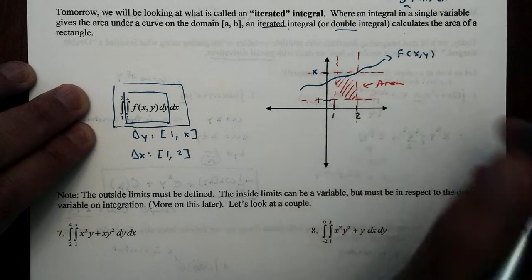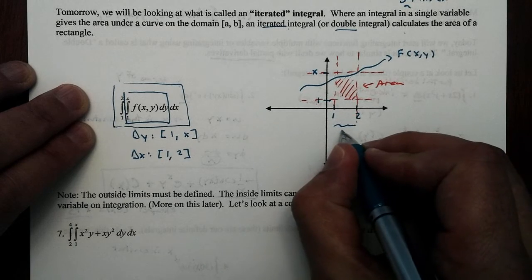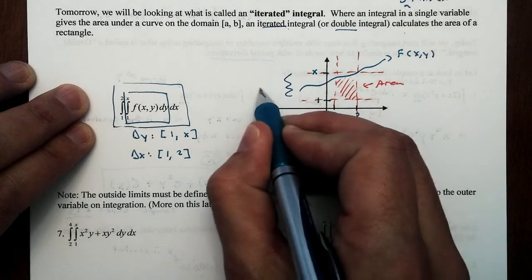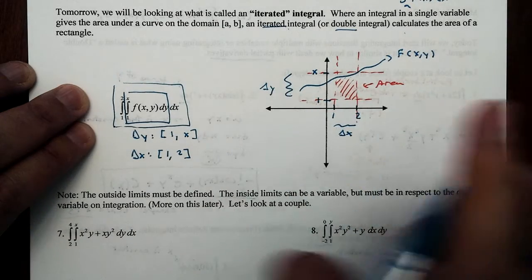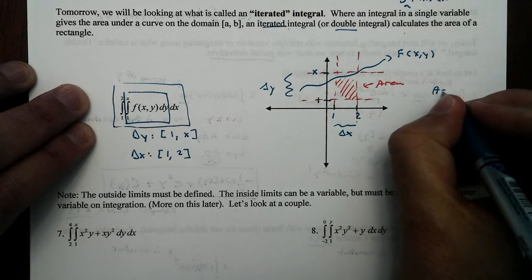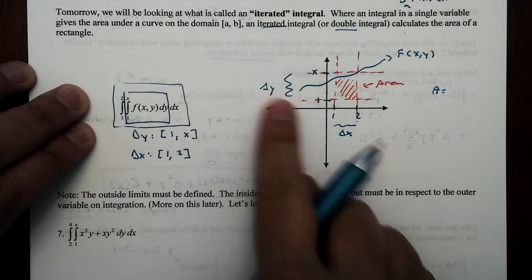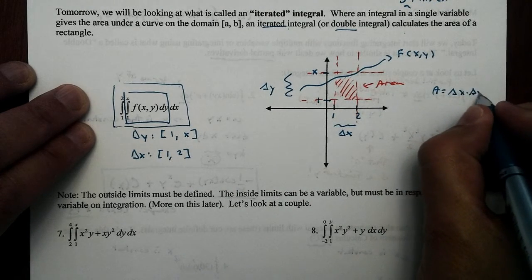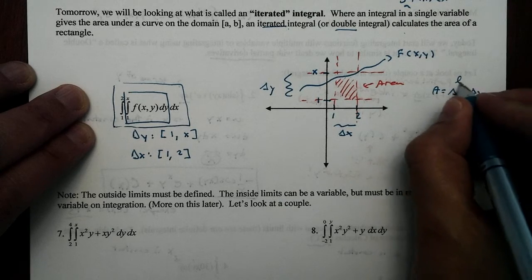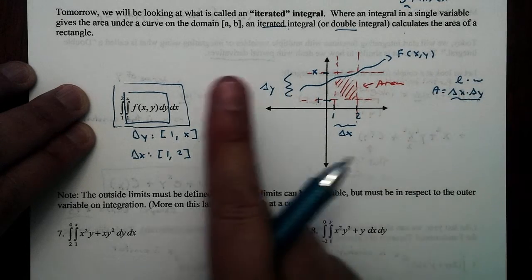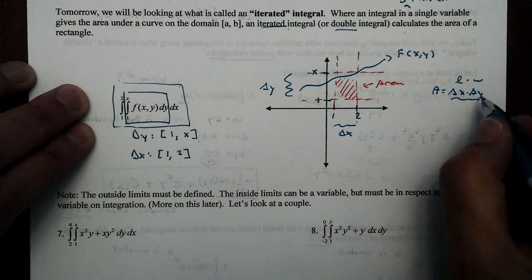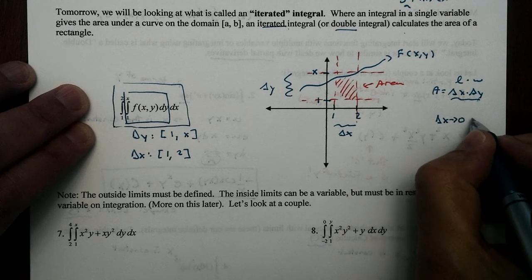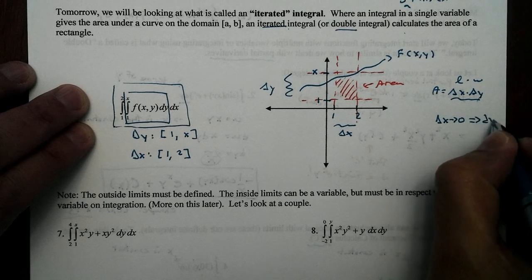Now, note, this distance right here is our delta x. This height here is our delta y. And if you notice, we get a rectangle. If I were to multiply those together, delta x and delta y, that becomes an area, length times width, which is where we get this dy dx. Because remember from last year, as delta x goes to 0, this becomes dx.